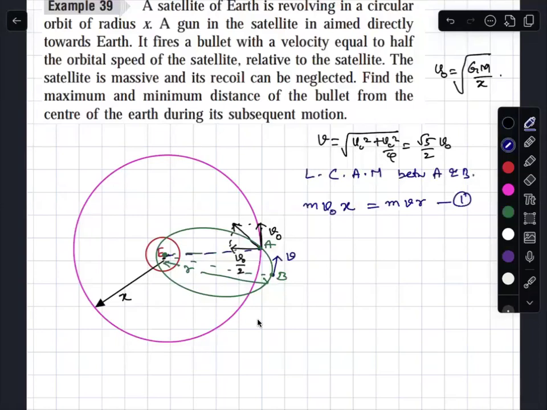Right. Now I have understood two variables are there, v and r. I require one more equation.